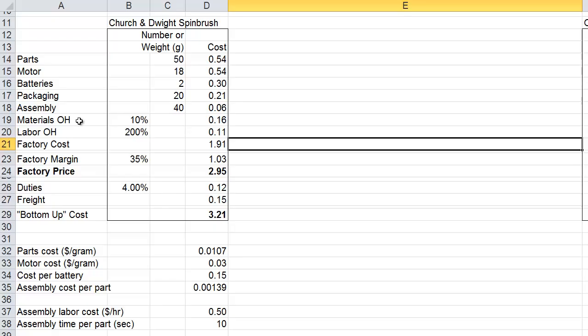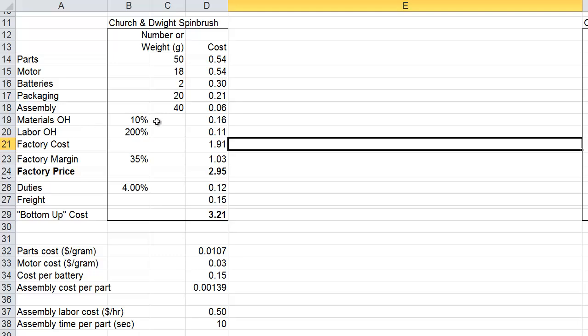Typically the way that works is most cost models apply some additional factor to the costs of materials to account for the efforts associated with purchasing, shrinkage, inspection, vendor management, those kinds of issues, which tend to be fairly proportional to materials costs.